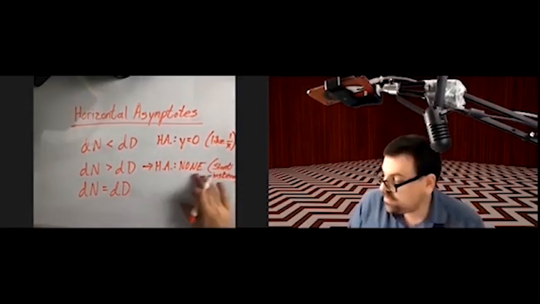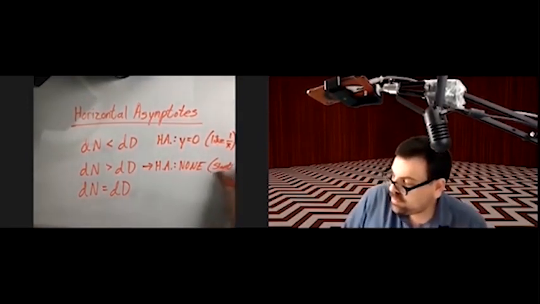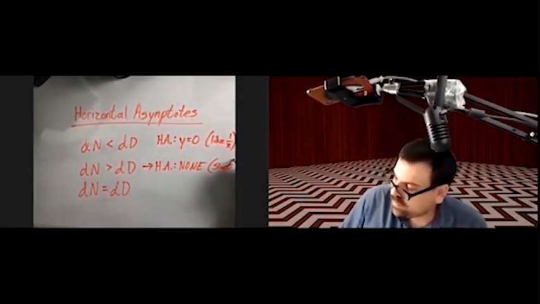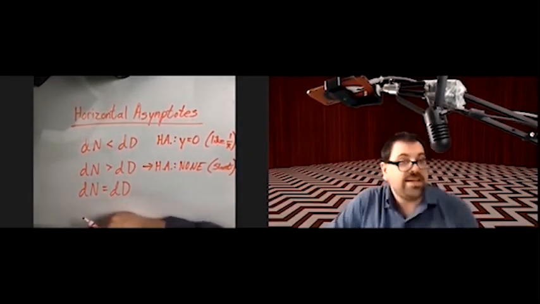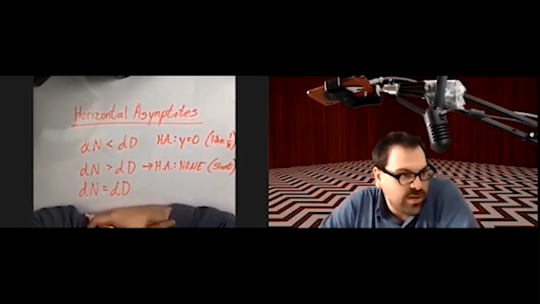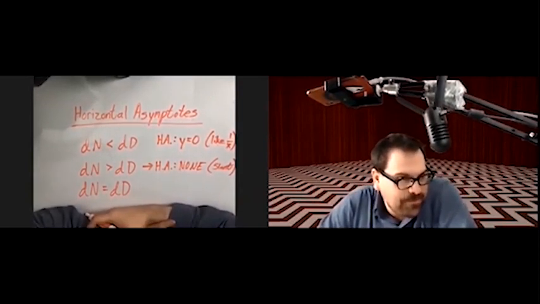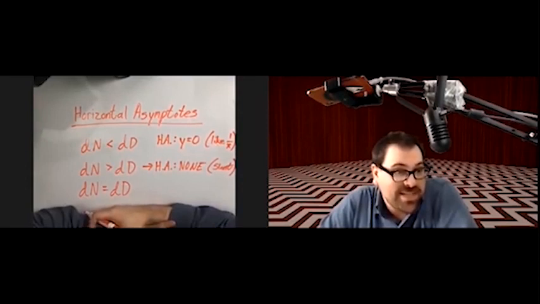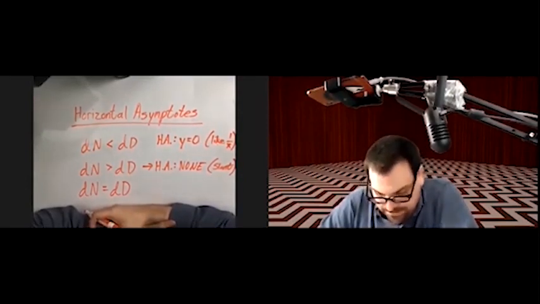And we'll talk about how we're going to find that slant, that oblique asymptote, when we get to an example where this happens. Or at the very least, when we get to one that asks for the slant asymptote, as opposed to is there not a horizontal asymptote.